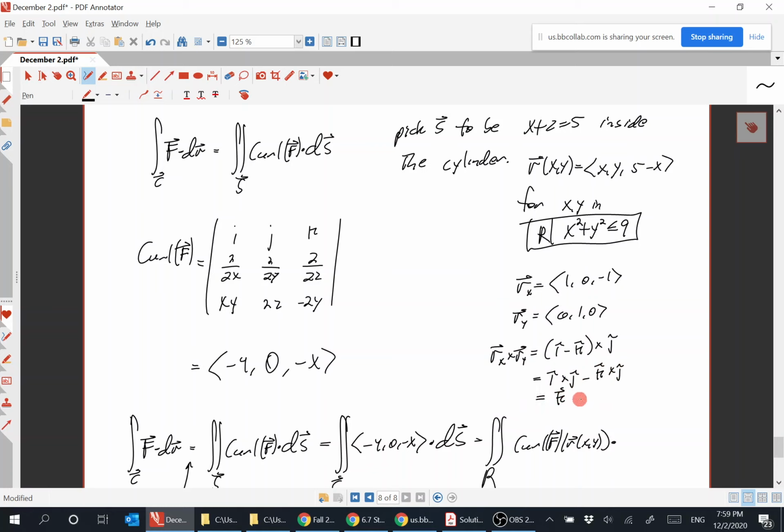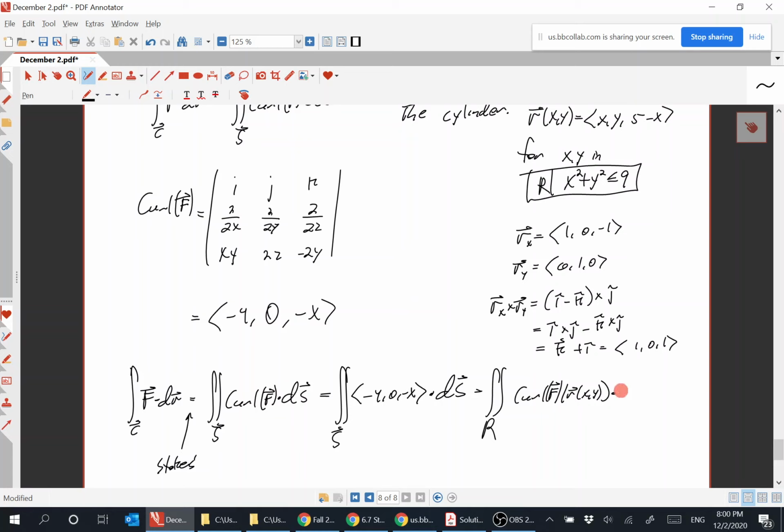And then k cross j is minus i. So that's minus 1, 0, 1. Check that real quick. I cross j is k, minus k cross j is negative i. That's positive i. So 1, 0, 1.